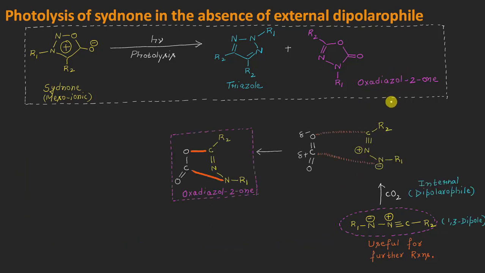So here is the mechanism of the reaction, in which you can see that this resonating structure will be acting as our 1,3 dipole, and because this whole reaction is occurring in the absence of an external dipolarophile, you can see here we are not adding anything. We are not adding any other reactant or a dipolarophile molecule here.